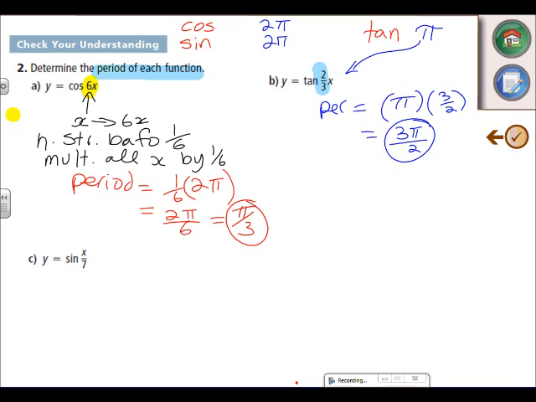There's our new period. And final one. Boy, they're trying to be tricky on this. This is really the same thing as saying 1/7 x. So our period then is equal to, this is sine, so the period is 2 pi. And we are taking the reciprocal of the 1/7, 7 over 1. So we've got 14 pi.